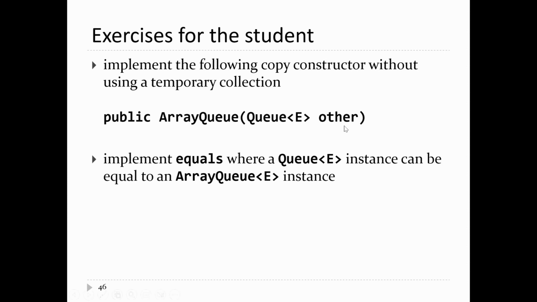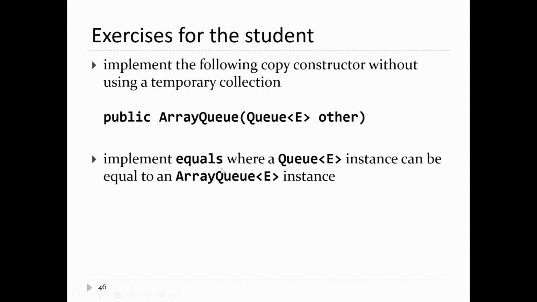You would like the other queue to remain intact, and the caller of your constructor probably wants their queue to remain intact as well. They don't want you to copy their queue and destroy their queue at the same time. So the other requirement of this constructor is you have to leave that queue intact. I will leave you to think about how you might implement that constructor.